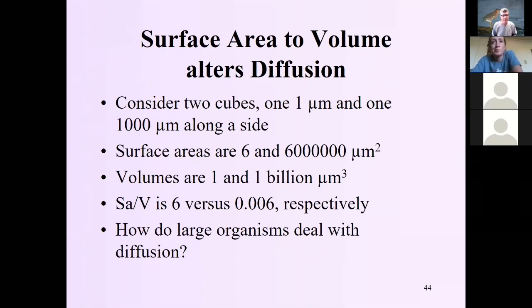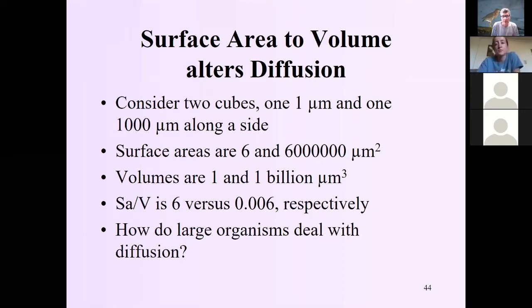So here we go. Consider two cubes, one 1 micron and one 1,000 microns on a side. So we've got these two cubes, a little teeny 1 micron and one that's a millimeter. For the surface area of the small cube, each face is 1 times 1, a square micron, and there are 6 faces, so the area is 6 square microns.